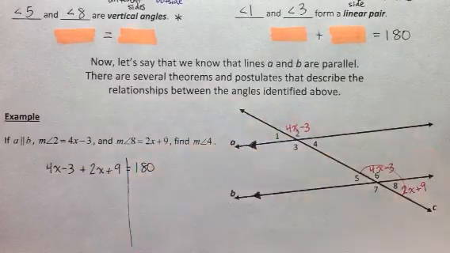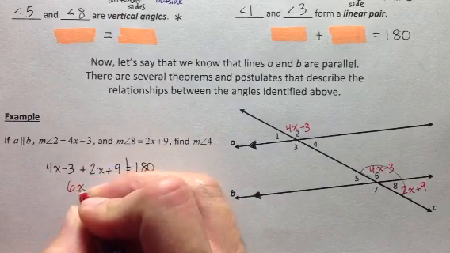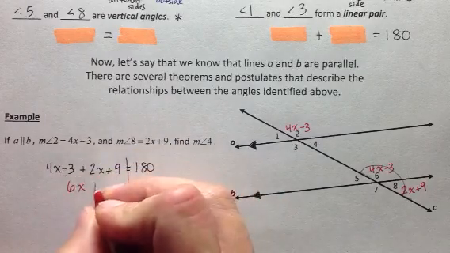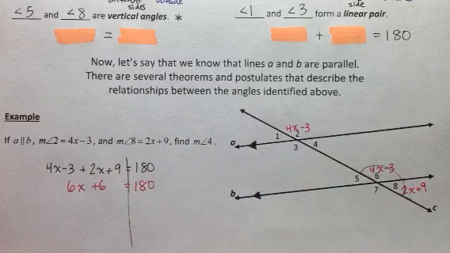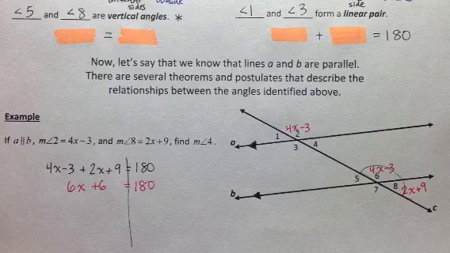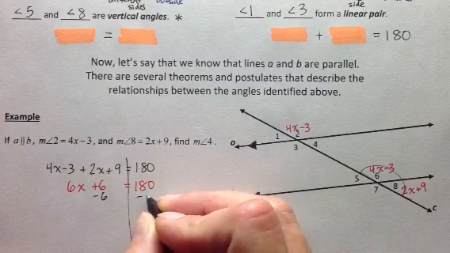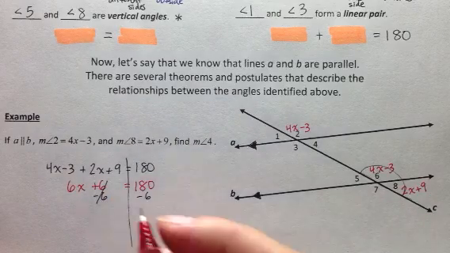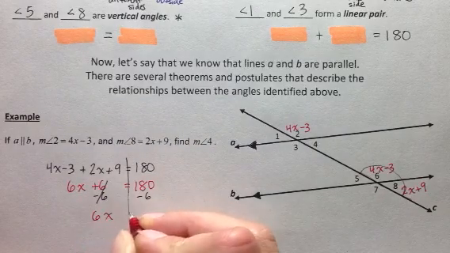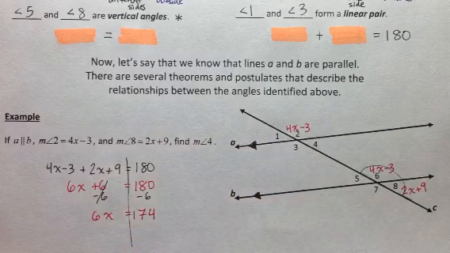Okay, and then I'm going to go ahead and solve. So these terms are on the like side, on the same side. I'm going to combine them. And I'm going to subtract 6. Oh, I switched my colors here. My steps are now in black. Sorry about that. 174.